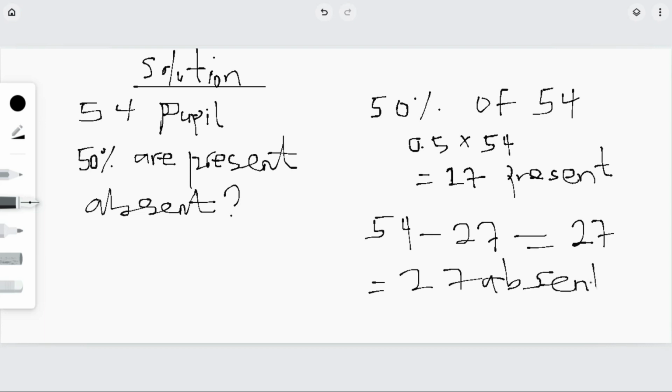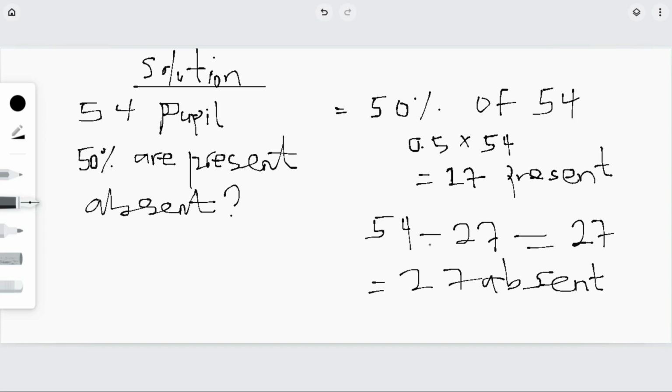So 25% of 32 children have blue eyes. You understand?